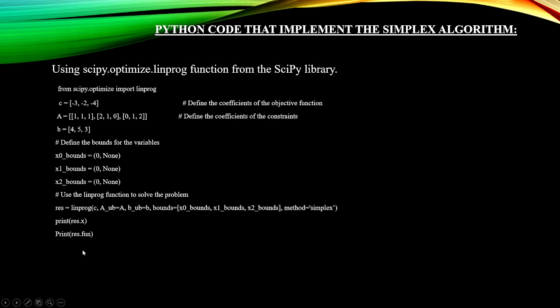We take the same problem as shown in example 2 in Python code, and we give the boundaries for the decision variables, 0, 1 and so on. The result of this function is linprog with the coefficients of the objective function, boundaries, and method simplex, and we can get the decision variable results and optimal value.